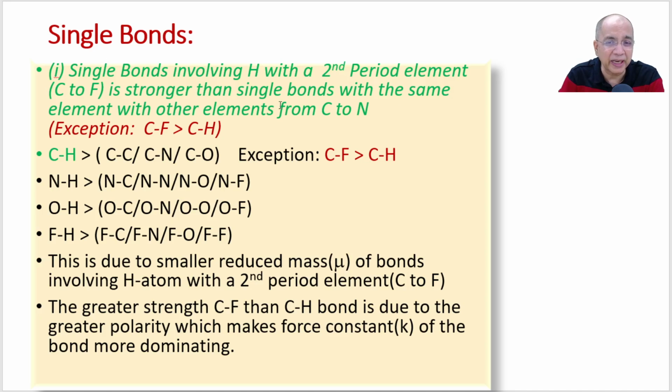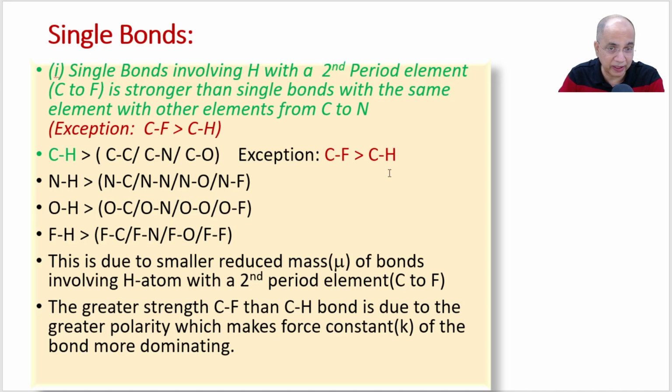What I wanted to say, of course with one exception: supposing you compare CH with CC, CN, CO. C is common, and the other atom changes from carbon to fluorine. This time fluorine is an exception. So CH will be stronger than all other bonds involving carbon with the second period elements. The exception is that the carbon-fluorine bond is even stronger than the CH bond. That is the only exception.